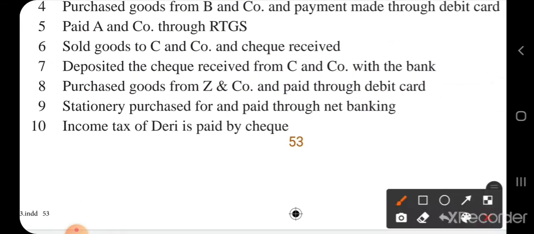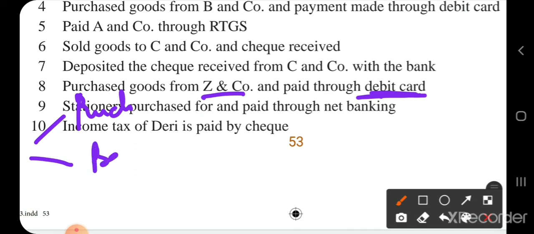The next transaction: purchased goods from Z&N company and paid through debit card. So what are the two accounts involved? Purchase account and debit card. It is not a credit transaction, so you take it as bank. So purchase is a nominal account, bank is a personal account. Apply the rule for nominal account: debit all expenses and losses, credit all incomes and gains.